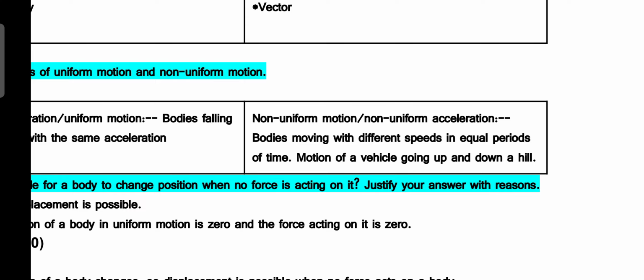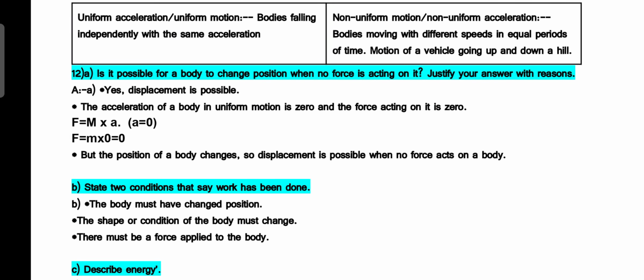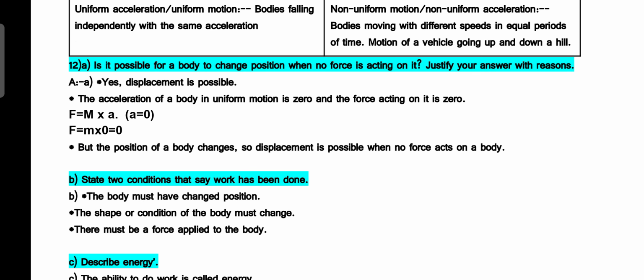If a car moves up towards the top of the hill, and if it is coming down the hill, there will be a difference in the speed of the vehicle. So it is called non-uniform motion. So there will be different speeds in different intervals of time. That is non-uniform motion.